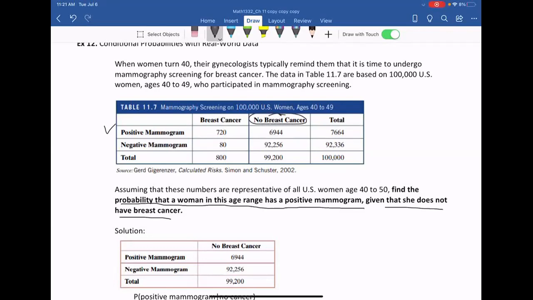So this part is A, the given part is B. P of A given B. Oh, first we need to see the B. B part is doesn't have breast cancer. So the total number of women who don't have breast cancer is 99,200.